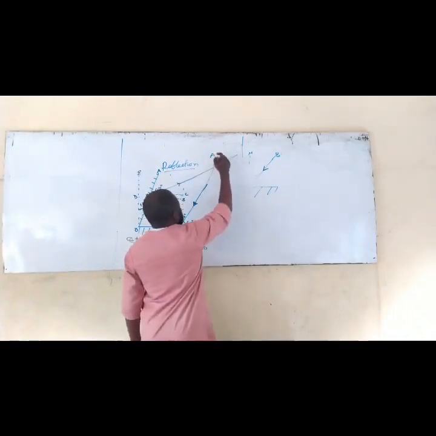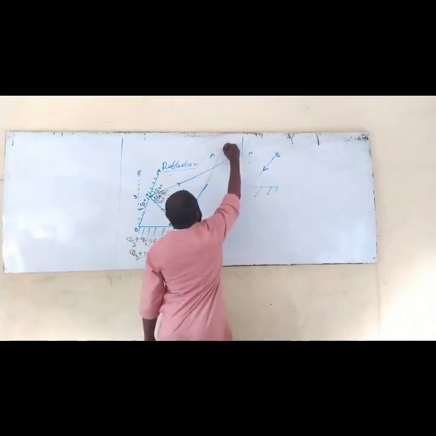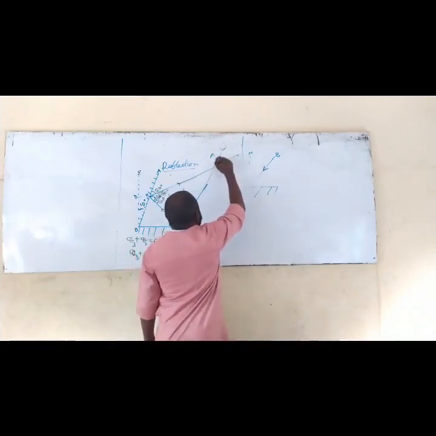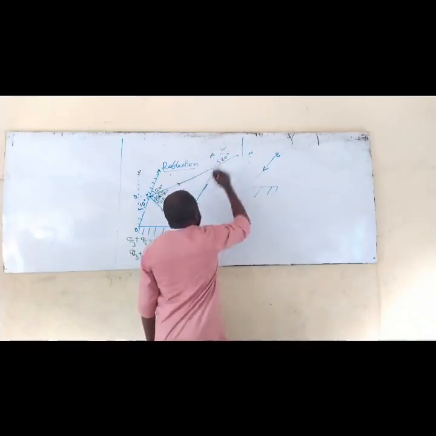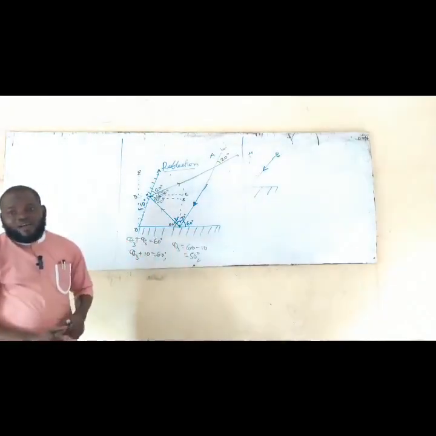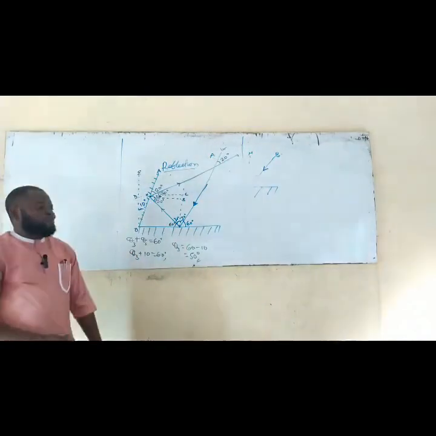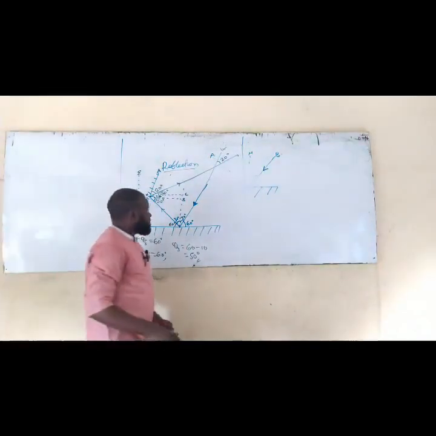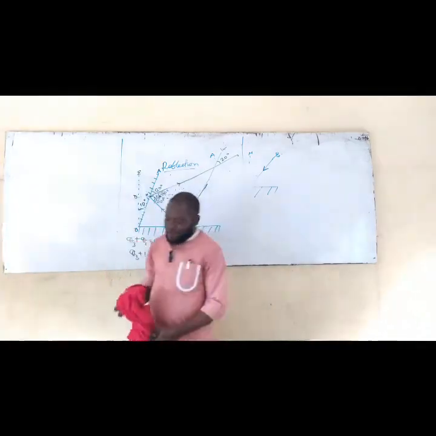This is the incident ray, and this is the exit ray, right? So the angle between them is going to be 20 degrees. So that is how to find that, and I think this is more tedious compared to what we had earlier.